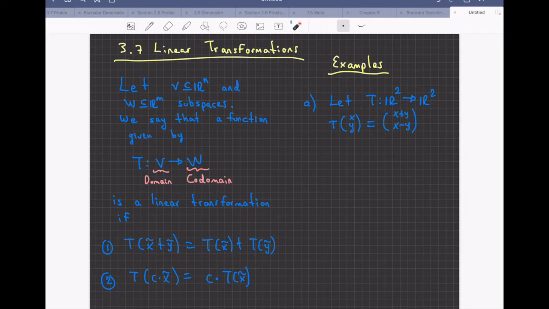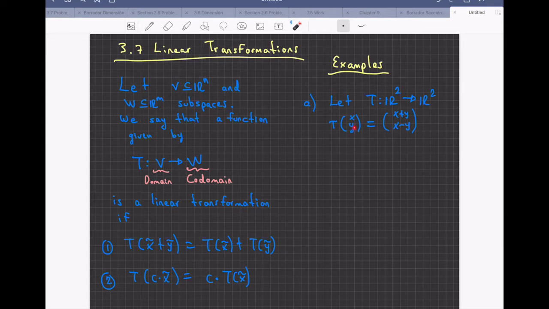Some comments about this. A linear transformation is a function, right? So the knowledge or the information that you have for functions is maybe going to be very useful here. If the domain is R2, this means that this function is going to choose elements in R2. So in R2 we have pairs (x, y).